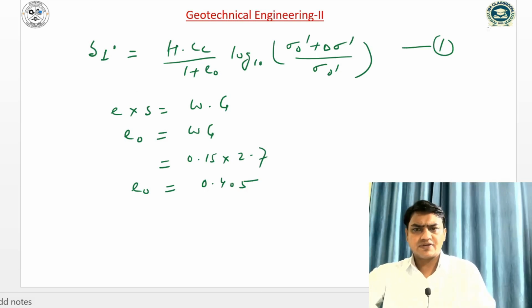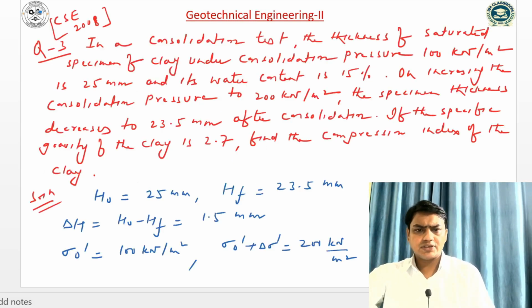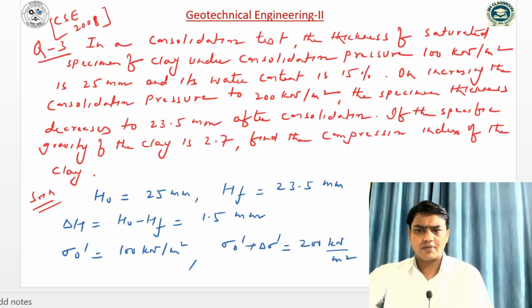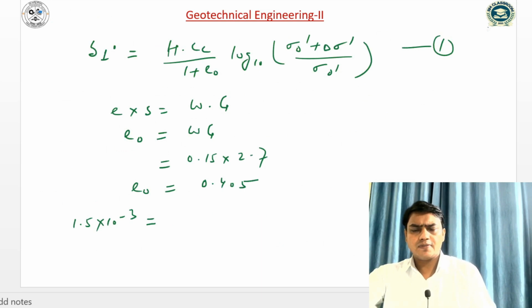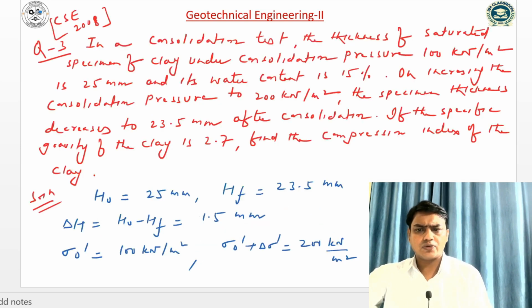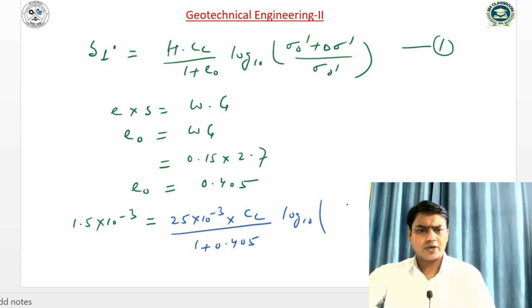Settlement is 1.5 mm, so 1.5 into 10 to the power minus 3 is equal to the initial thickness, 25 into 10 to the power minus 3, into Cc divided by 1 plus e naught, 0.405, log to the base 10 of the stress increase from 100 to 200, so it will be 200 divided by 100.